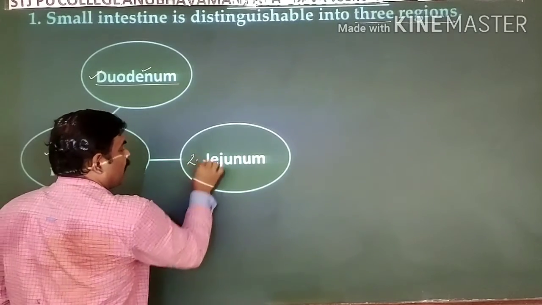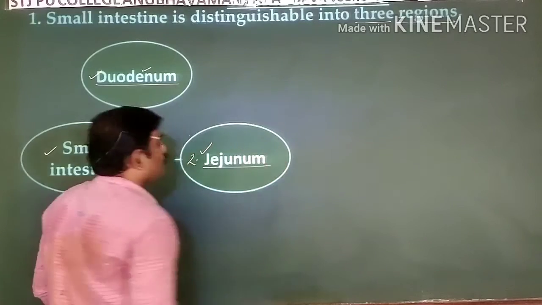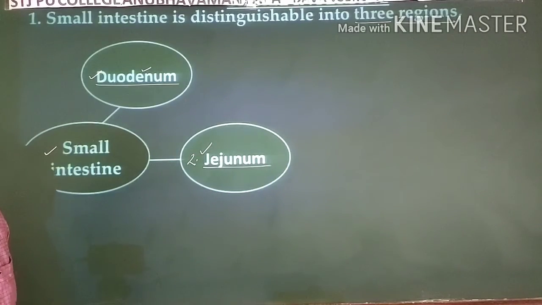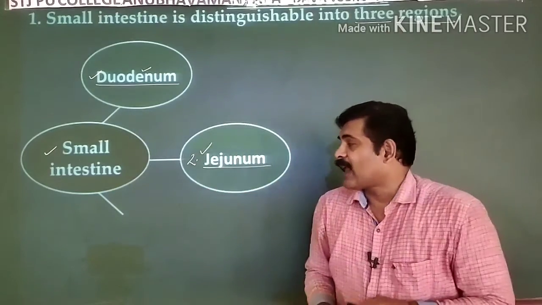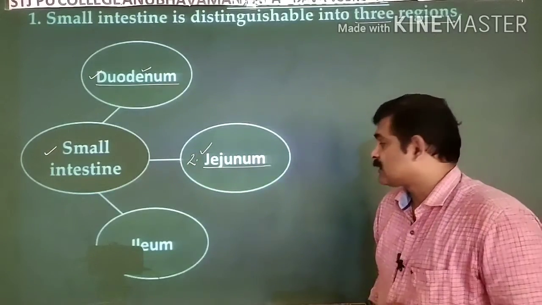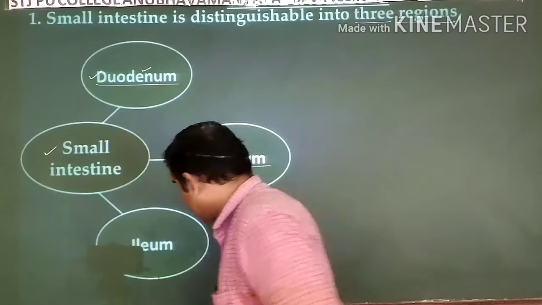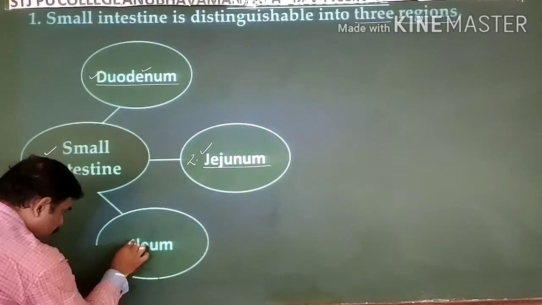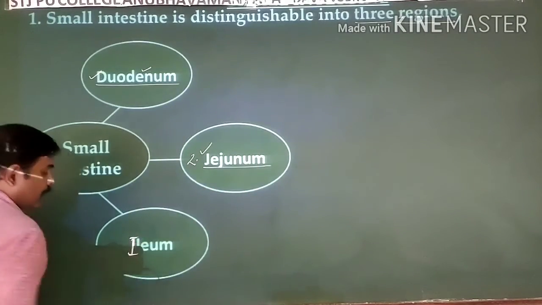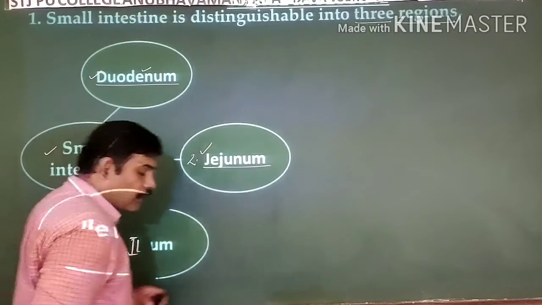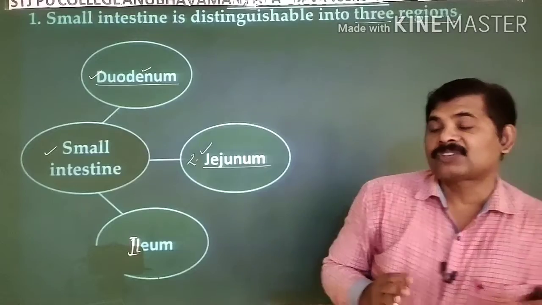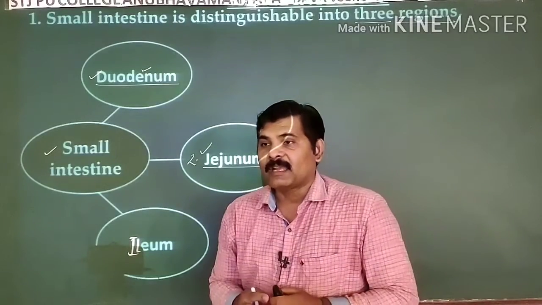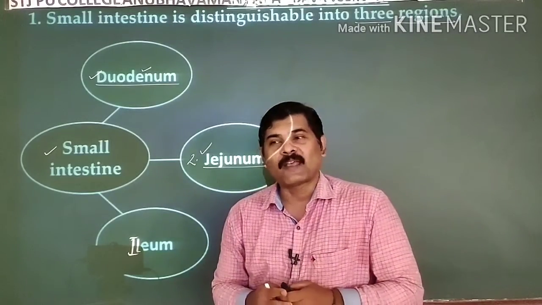The third part is known as the ileum, the third part of your small intestine. And this ileum connects with the large intestine at a blind sac known as the cecum.